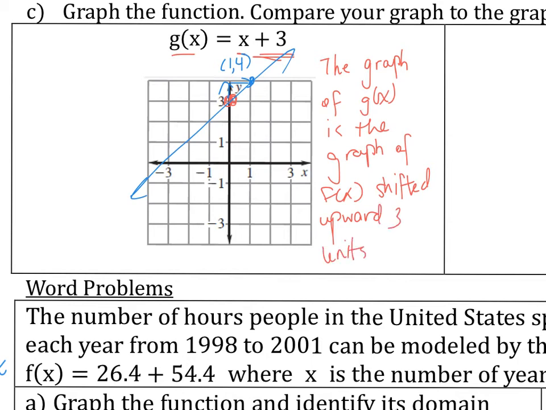And of course, you can write this in your own words. You don't have to follow the same exact wording as I have here, just as long as I can understand what you're trying to explain. So let me draw the parent function, this is f of x equal to x. So it's shifted up 3 units. Okay.